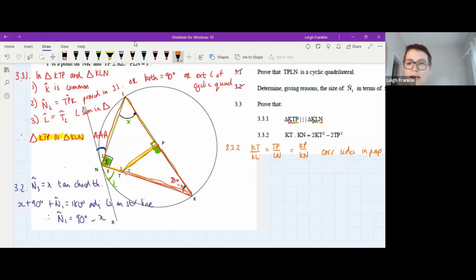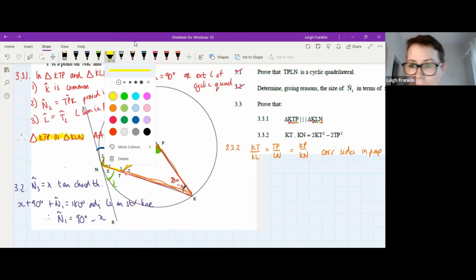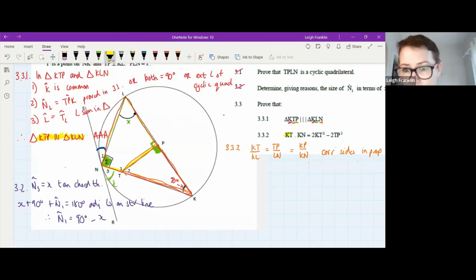And now let's highlight what it is that we need. Remember in our question, it had a KT. So we've got a KT over here. It also has a KN. So we've got a KN over there. So that's looking at the left-hand side of this. So I've got a feeling then, Matrix, that they want us to work with the first one and the last one. So let's get those two together.